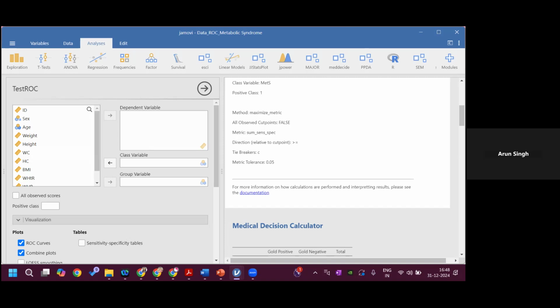When that cutoff point was achieved, it gave them an indication that beyond this particular point, what is the probability of having mortality? Something like that was done. So plotting the scale cutoff is also one of the features of computing the Youden index.